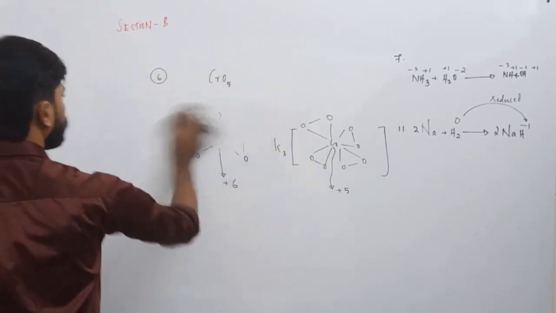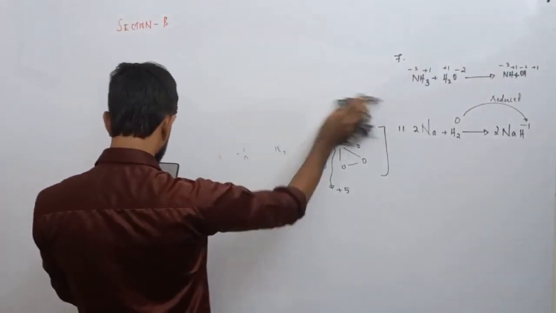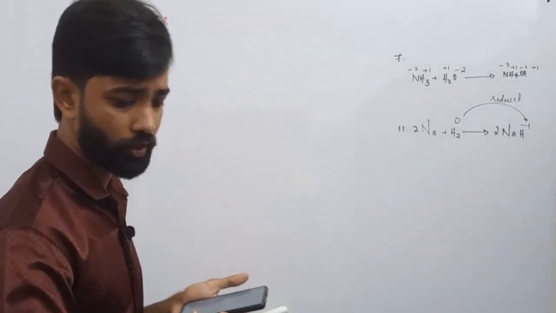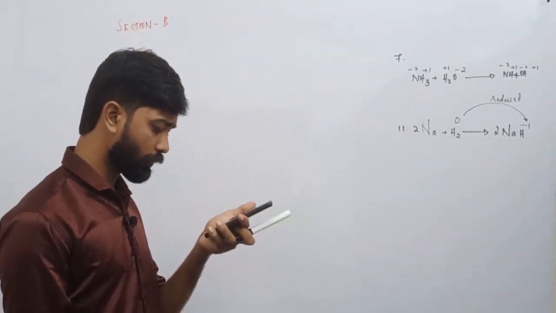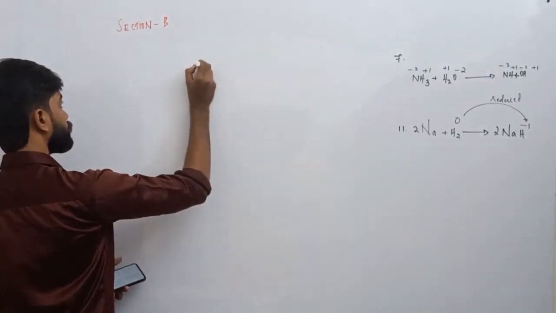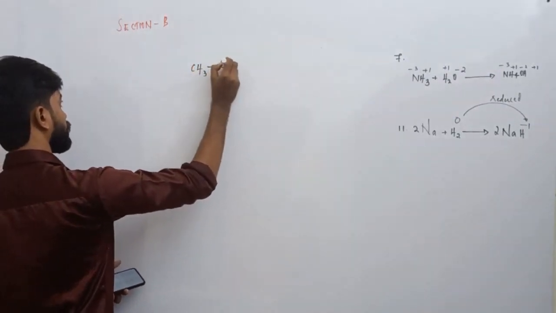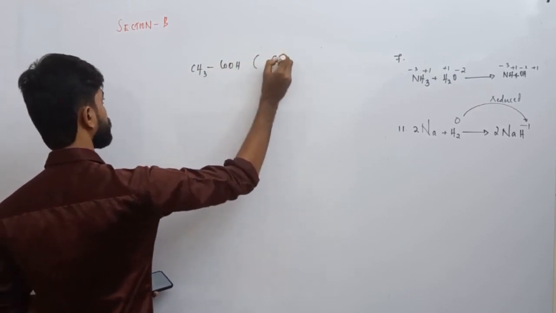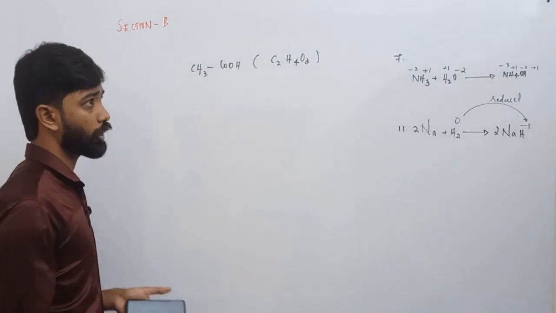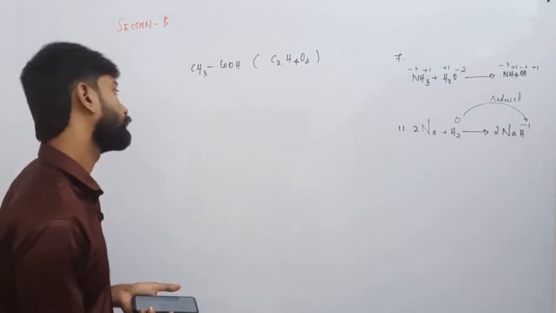Okay. The next question. In the case of CH3COOH, ethanoic acid, the oxidation number of carbon in the carboxylic group is... CH3COOH, which means C2H4O2. You're asked to find the oxidation number of carbon.